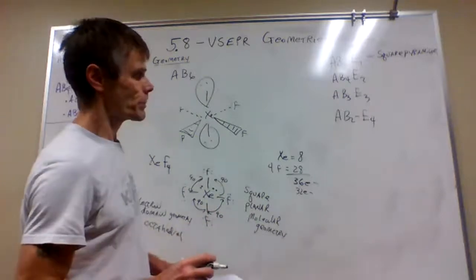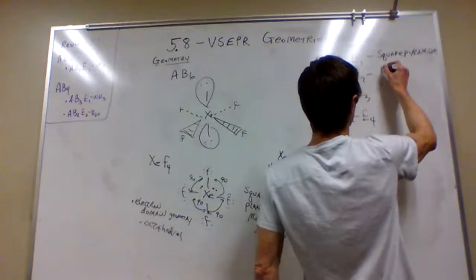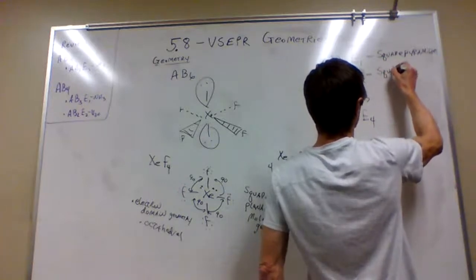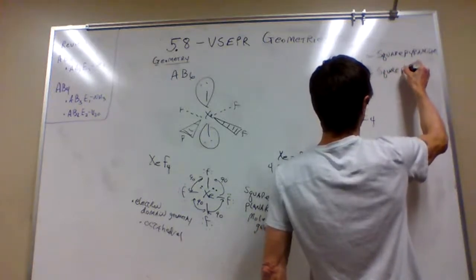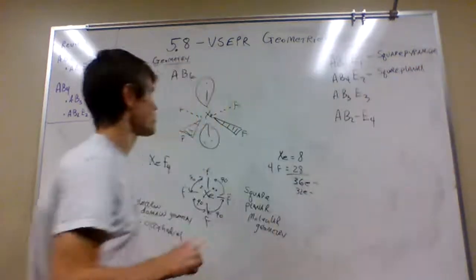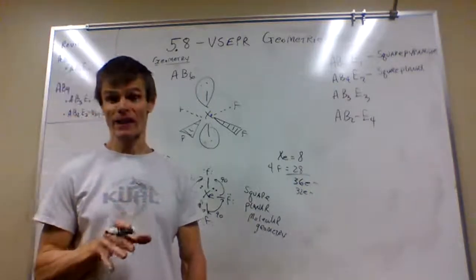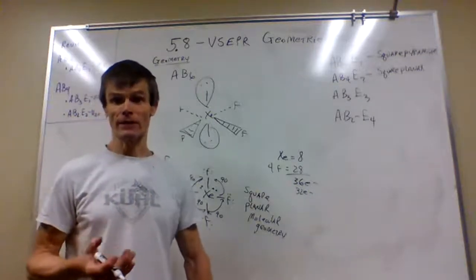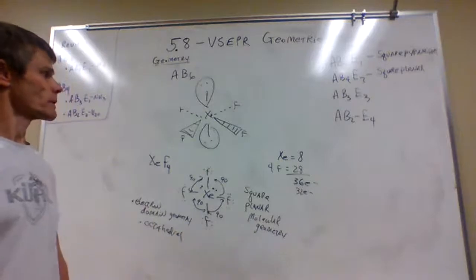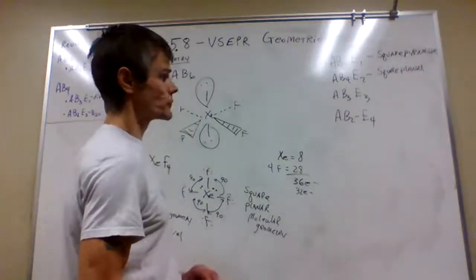And that's the type of geometry we get for AB4E2. Now, if we had an additional lone pair of electrons, we're going to once again end up with a somewhat T-shaped geometry. And AB2E4, those are going to be linear.